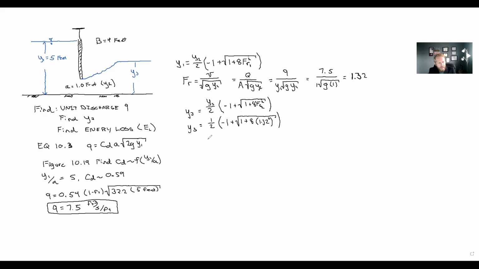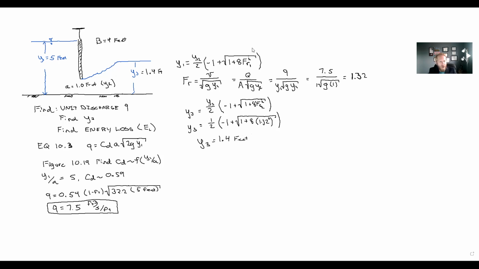So y3 is equal to 1.4 feet. So we only went up not even half a foot from the opening to y3. We now know that this equals 1.4 feet.